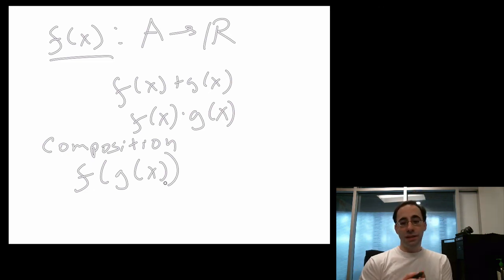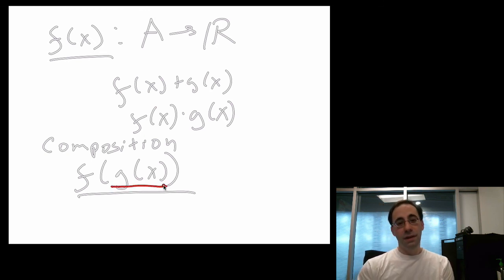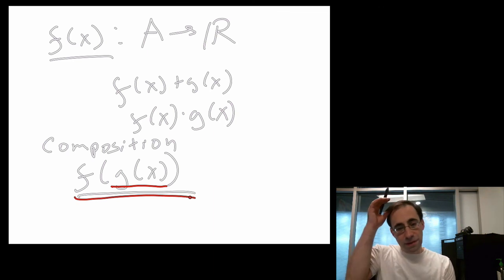The reason I like this particular arrangement of notation is that it's very clear because it tells you what to do. First, take your argument x, plug it into g to get g of x. Then plug the g of x that you just got into the argument for f to get f of g of x. This is how that would work. Let's make them all real numbers for the moment to make life easy.